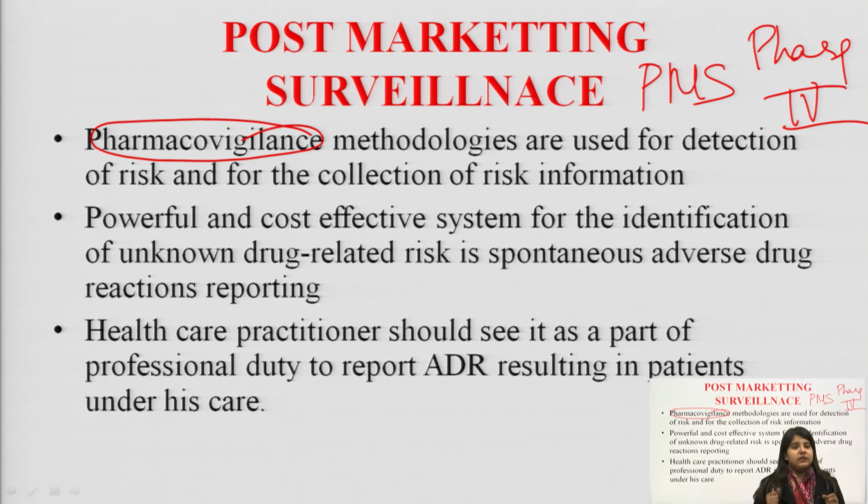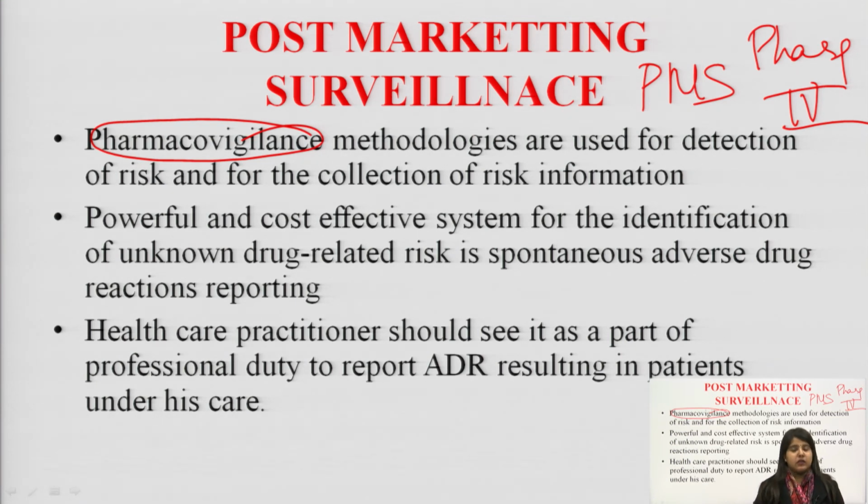So, pharmacovigilance methodologies are used for detection of risk and for the collection of risk information. A powerful and cost effective system for the identification of unknown drug related risk is spontaneous adverse drug reaction reporting, right? So, it is the responsibility of the pharmacovigilance people who are working there to report the ADR back to the ADR monitoring center.